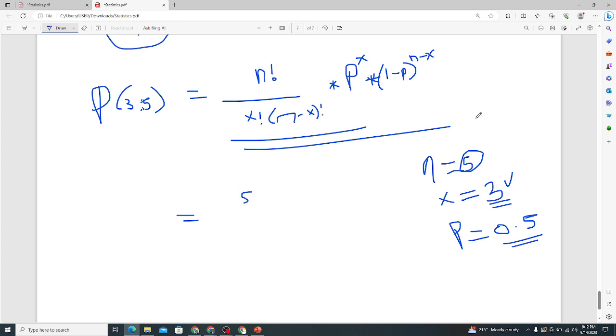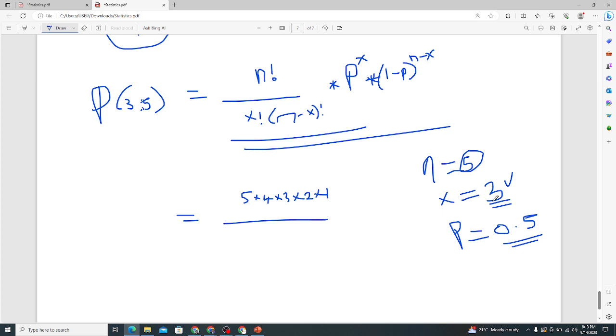And we said 5 factorial is 5 multiplied by 4 multiplied by 3 multiplied by 2 multiplied by 1. Then divide by x factorial.